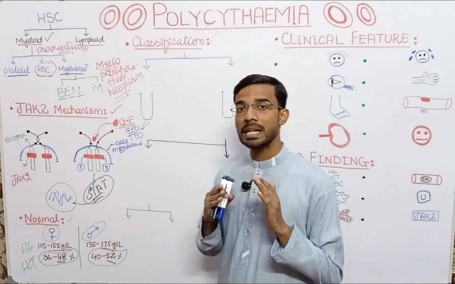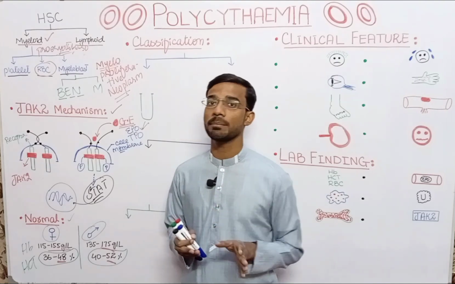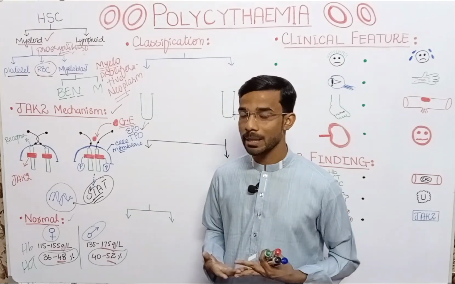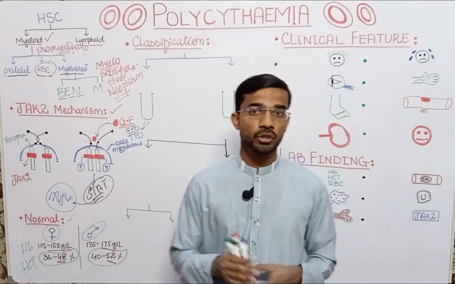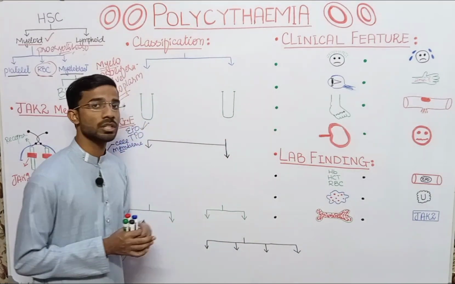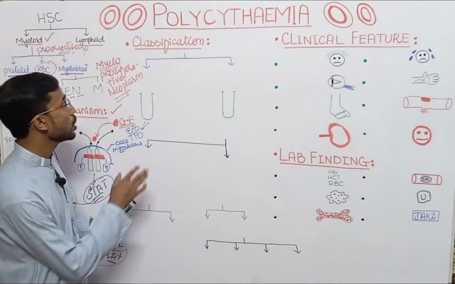So basically we diagnose polycythemia vera by the concentrations of hemoglobin and hematocrit.